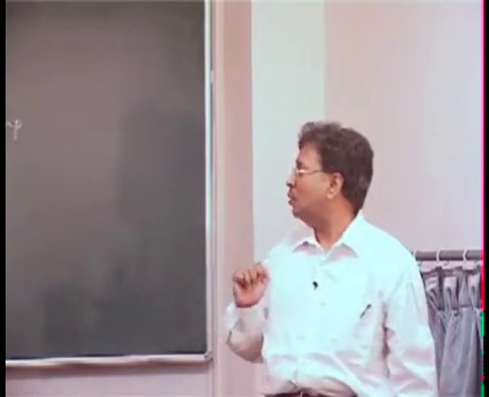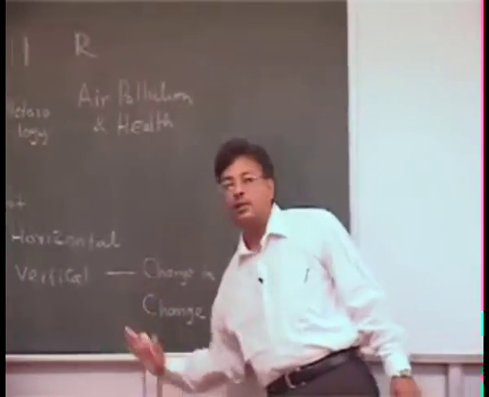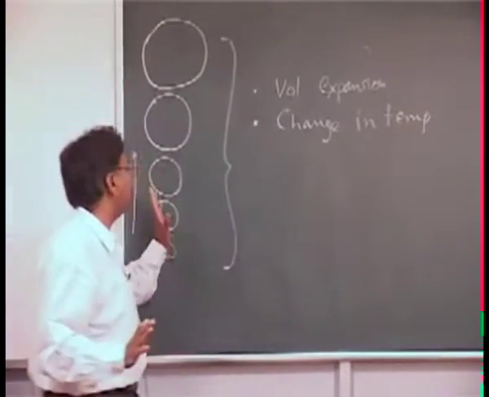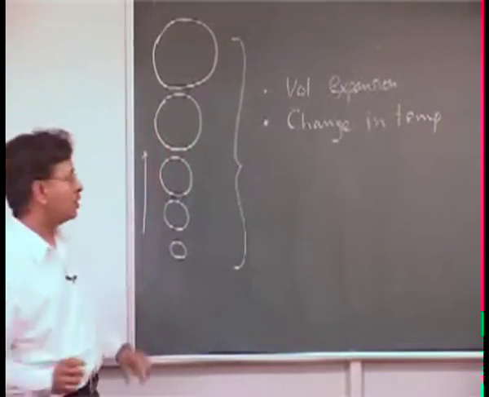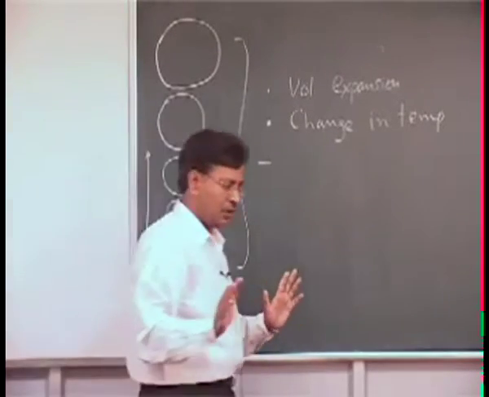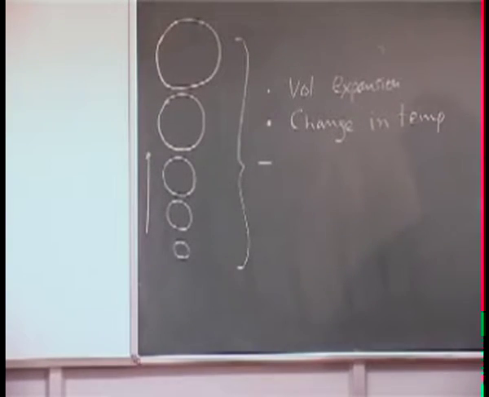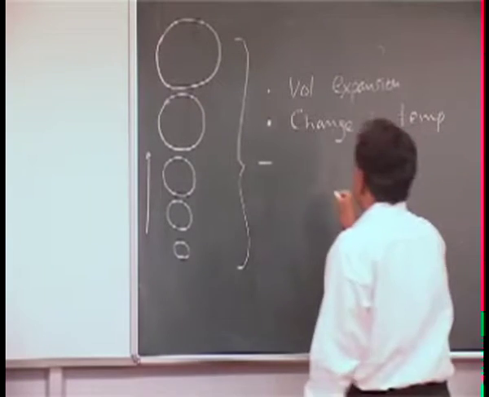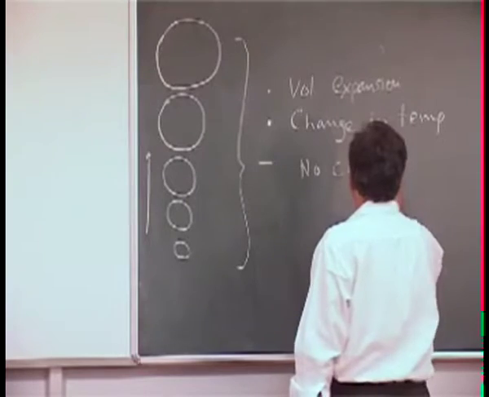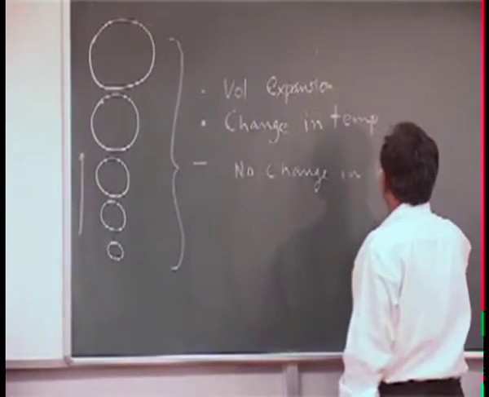Adiabatic process. We are trying to address how the vertical movement of the pollutants will take place, and that will be decided by what the change in temperature is as the parcel moves up. So the assumption, which you all agree is reasonable, though it may have some implications, is that we define this as an adiabatic process. So we say no change in heat input or output.